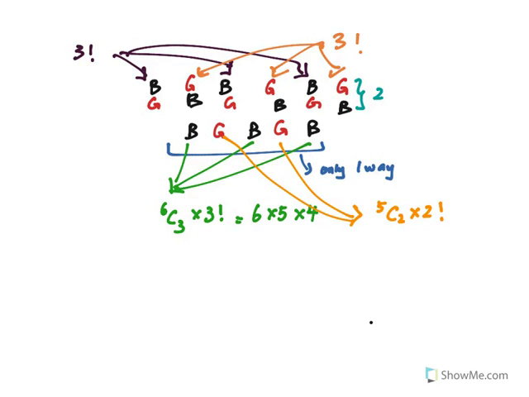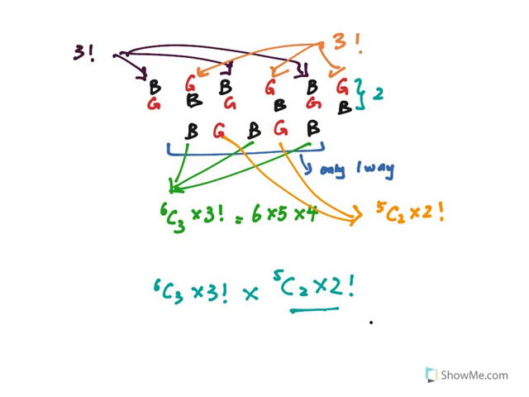If you observe all the things that I've been writing, the total answer will actually be 6 choose 3 times 3 factorial times 5 choose 2 times 2 factorial. This is for the front row: I select and arrange 3 boys from 6 boys, and arrange 2 girls from 5 girls at the front.